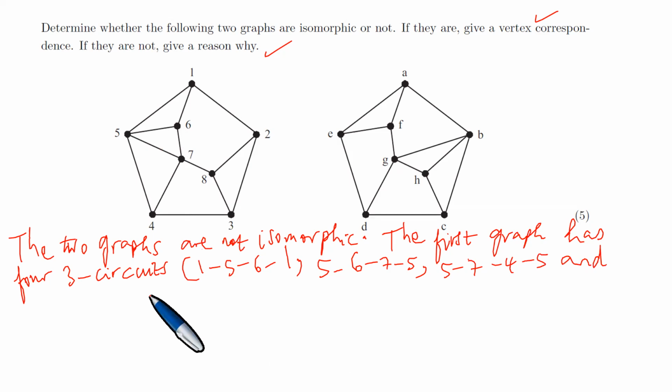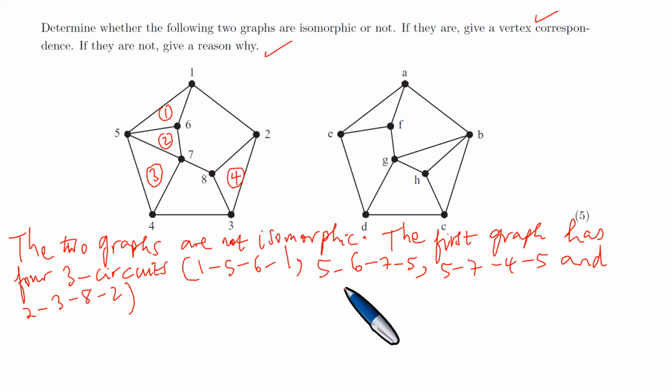And 2, 3, 8, 2. Okay, we have exhausted them. We have a 3-cycle here, another there, there, and there.